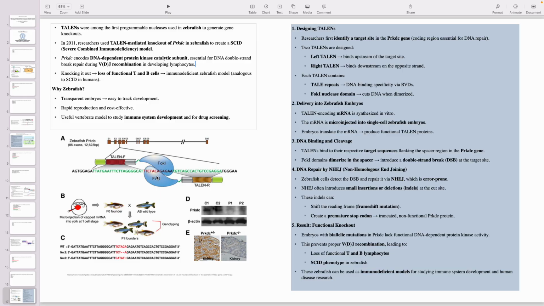The FokI domains need to be dimerized to function as an endonuclease. So the two TALENs were designed, one which binds the upstream target site, and the other which binds the downstream target site on the DNA.